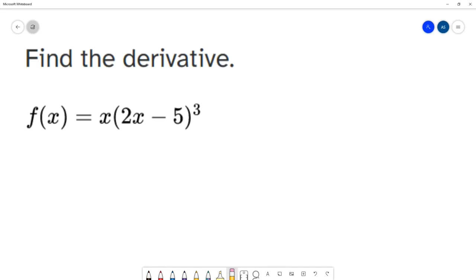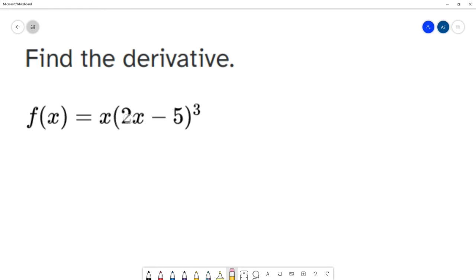So on this one, we want to find the derivative of f of x equals x times 2x minus 5 cubed. And on this example, I notice that I have a product, x times the 2x minus 5 cubed. So I'm going to use the product rule.